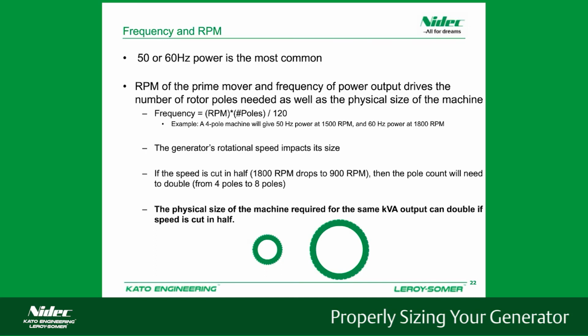So if the speed is cut in half from 1800 RPM to 900 RPM, then we'll have to double our pole count to achieve the same frequency. So we'll have to go from 4 poles to 8 poles. This can have an effect on the size of the generator to fit more poles in there.